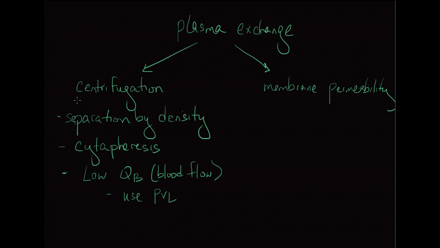So that's centrifugation. Now let's talk about the second method of plasma exchange, membrane permeability. In membrane permeability, you've got something very similar to dialysis, and let me explain what that means. You're running your blood through a filter in which there is a membrane that allows certain components to pass through, and those components are generally the immunoglobulins.